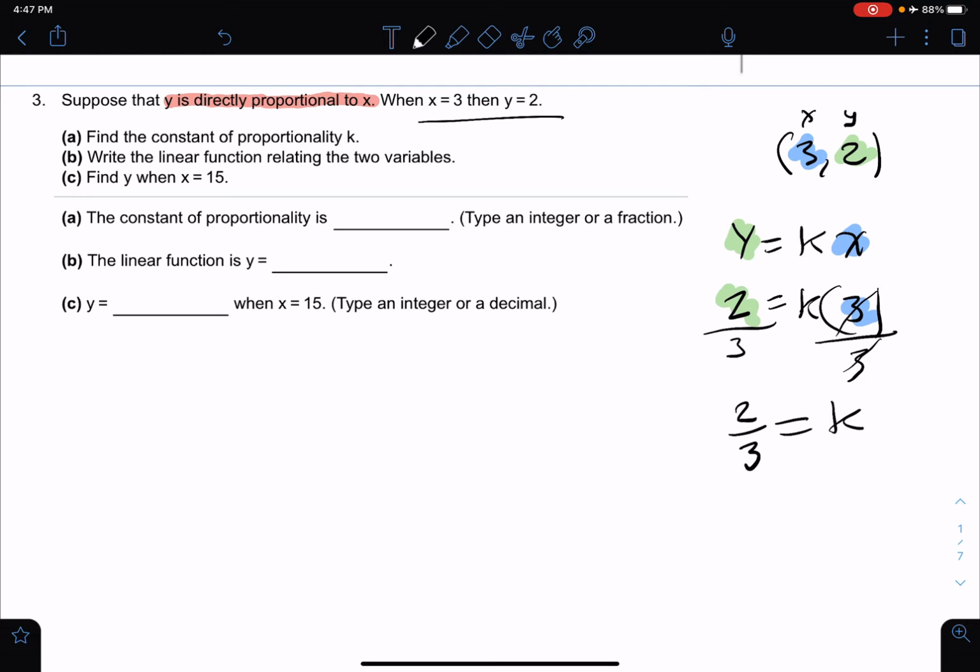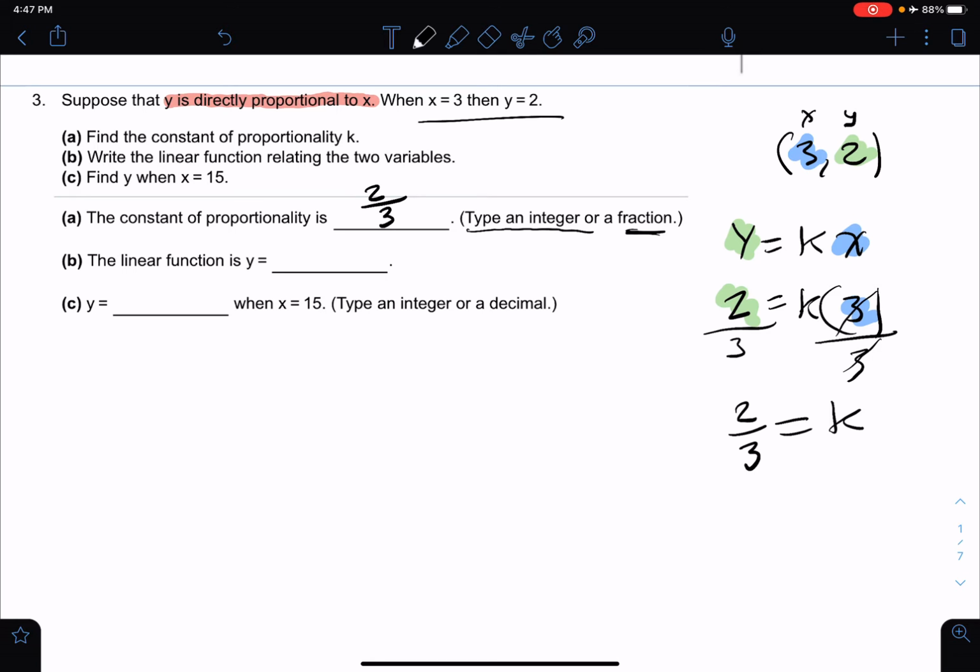The constant of proportionality is, and you have to be careful because they kind of switch it around with MyLab. It says type an integer or a fraction, so you want to keep this as a fraction. There's one where it actually says, please type it as an integer or a decimal, not a fraction. So just be aware. It says in parentheses how they want the input to be.